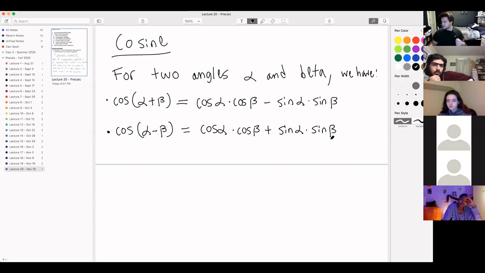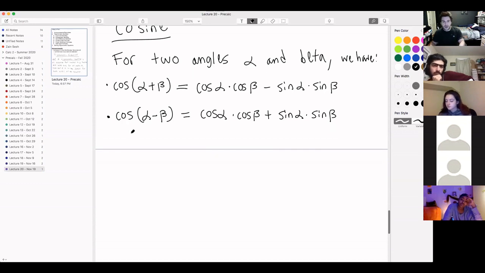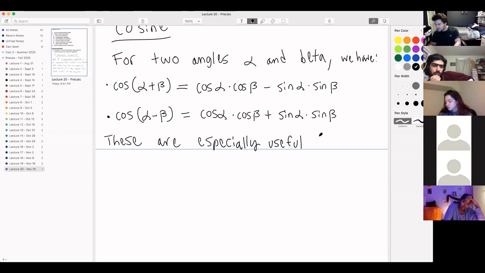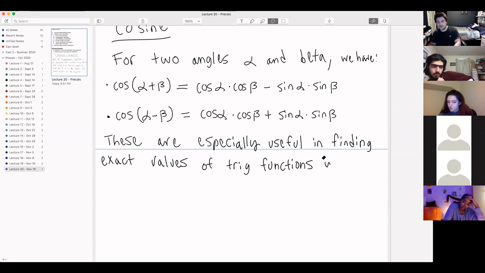So these are them, but now let me highlight why they're useful. Why do we care about them? These are especially useful in finding exact values of trig functions at unknown angles.